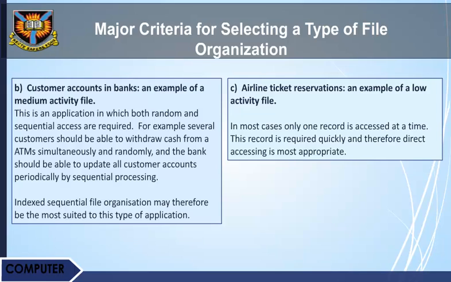Indexed sequential file organization may therefore be the most suited to this type of application. C. Airline ticket reservations. An example of a low activity file. In most cases, only one record is accessed at a time. This record is required quickly, and therefore direct accessing is most appropriate.